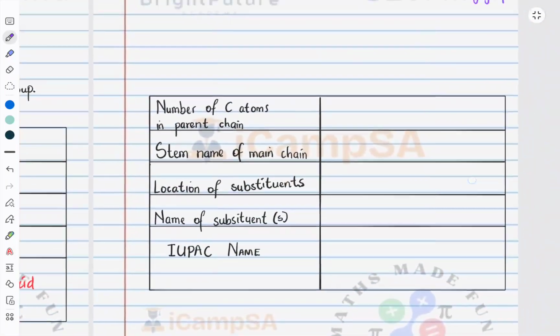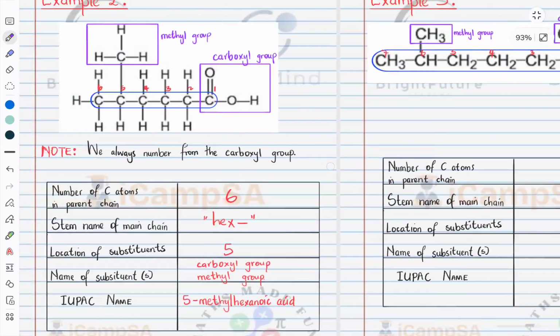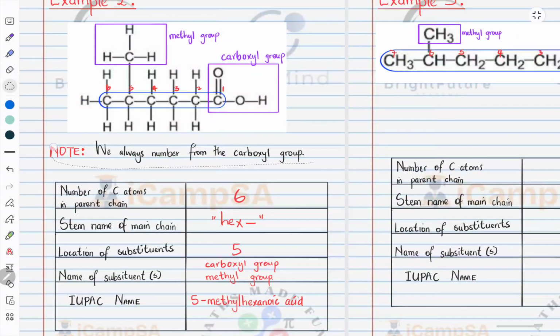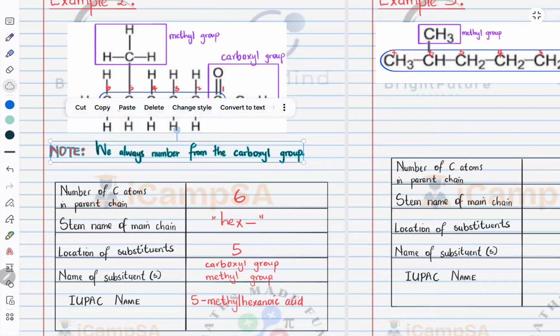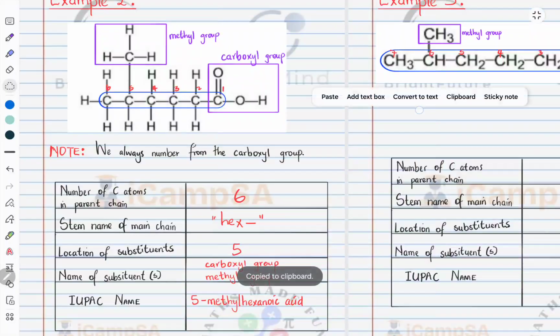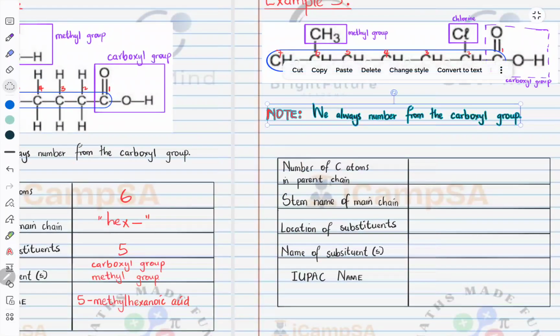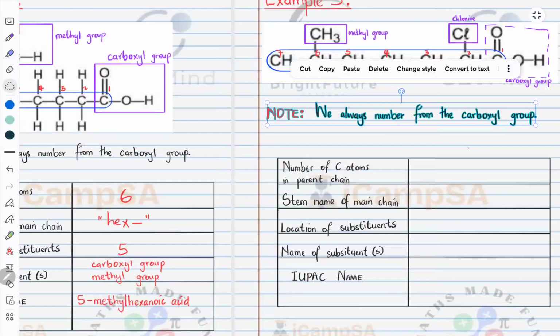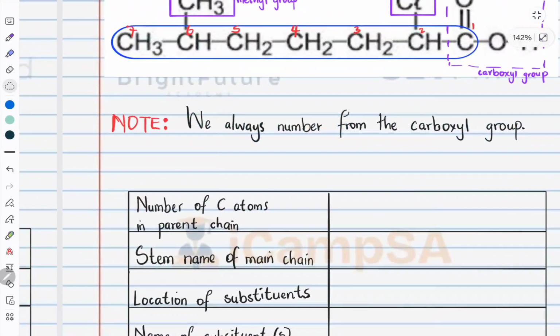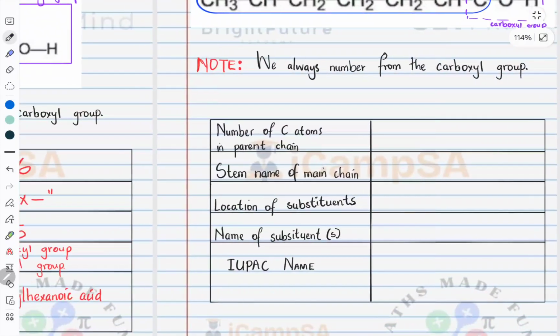All right, so we can go ahead and fill our table now. And again, remember, we always name or number these things from the carboxyl group. It's not like the other organic compounds where we have to check, is there a double bond or a triple bond present so that we can prioritize it? No. Here it's just a simple number from the carboxyl group rule. Okay, so that's what we have.